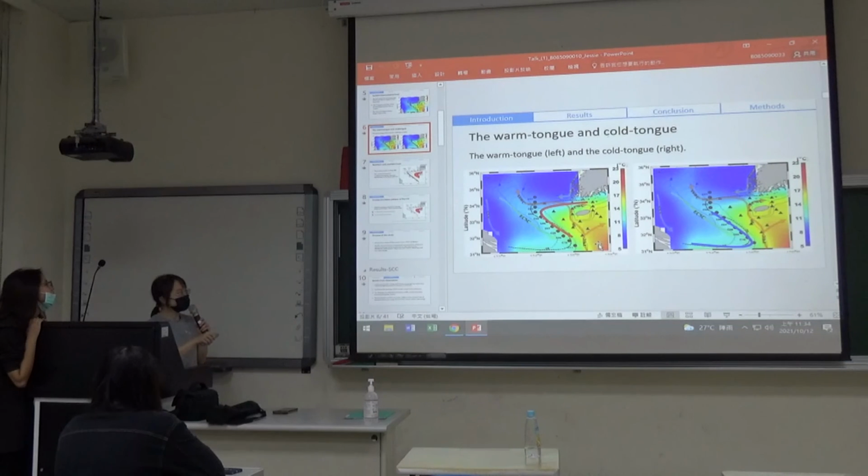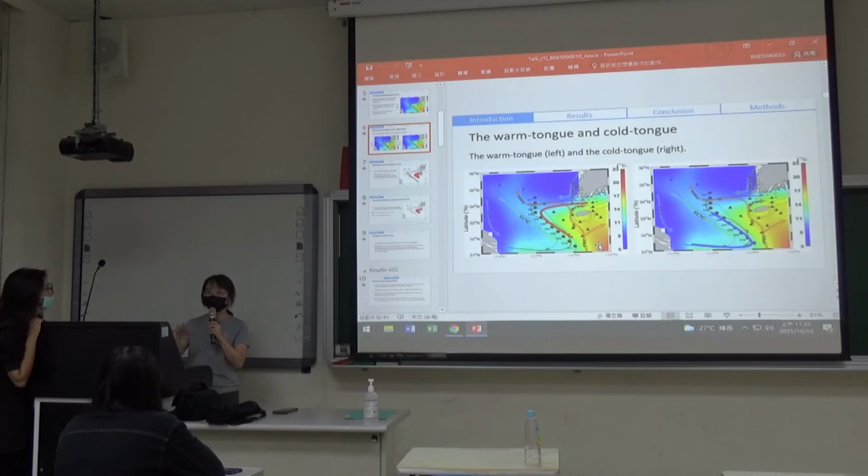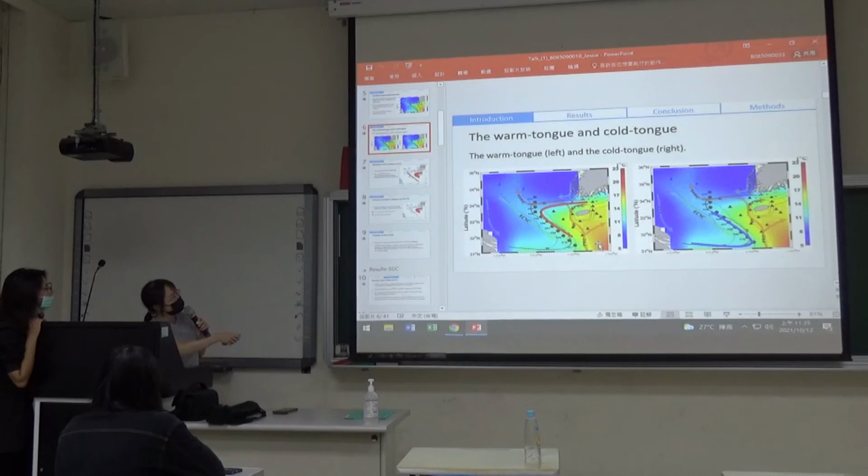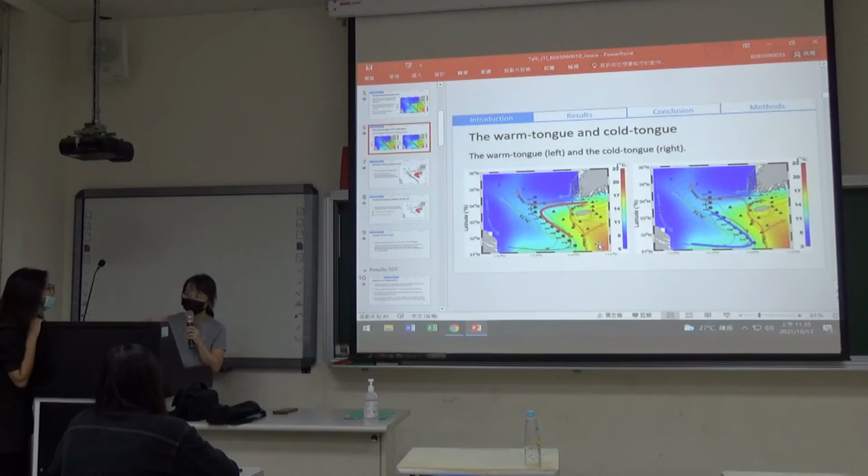So again, you need to put the map in every place because your study is really related to space, to the location of different things, and please use maps to guide the audience.